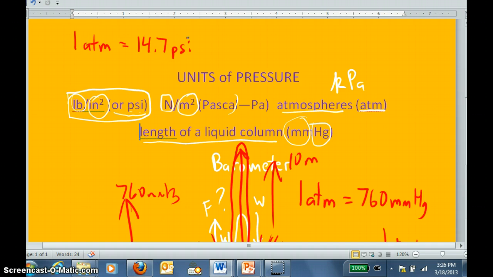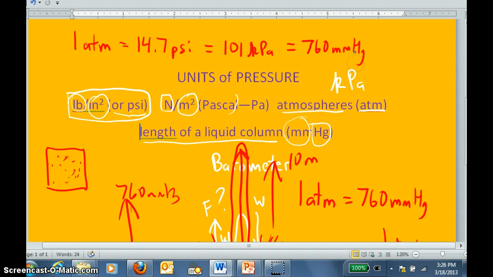So yes, if you had a little square inch area exposed to the atmosphere, it's as if almost 15 pounds of force would be slamming against this area. And both of these are equal to about 101 kilopascals. That's 101,000 pascals. And it's also equal to 760 millimeters of mercury, if you care to use those units.